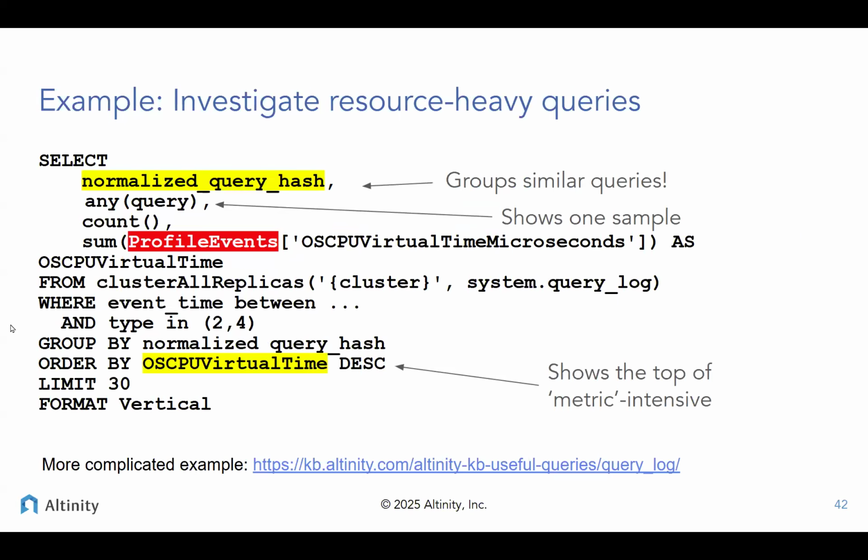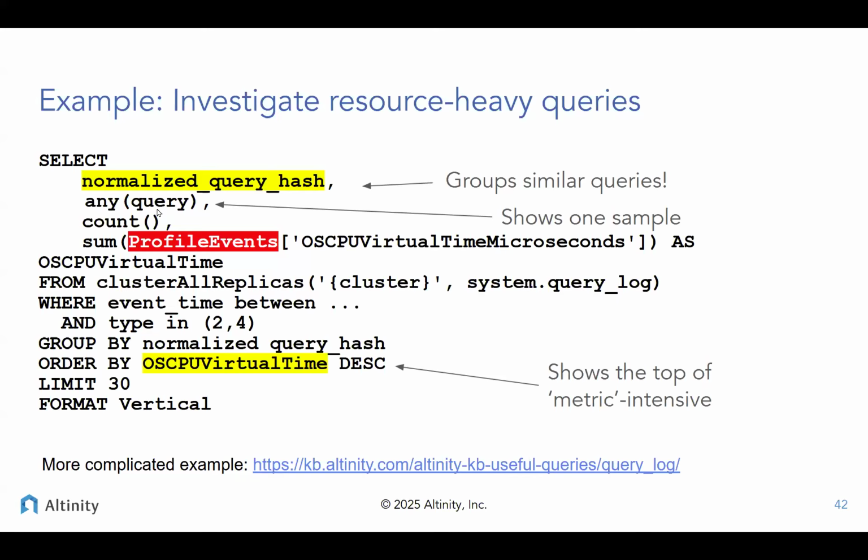Investigating resource-heavy queries. This is a great example from Misha Filimonov. What this is doing is trying to find query patterns that are particularly resource heavy. This normalized query hash is a really cool feature of the query log. It basically hashes similar queries down to the same value, and then you can show a sample version.